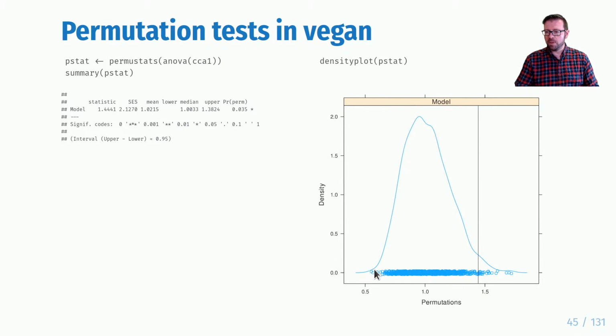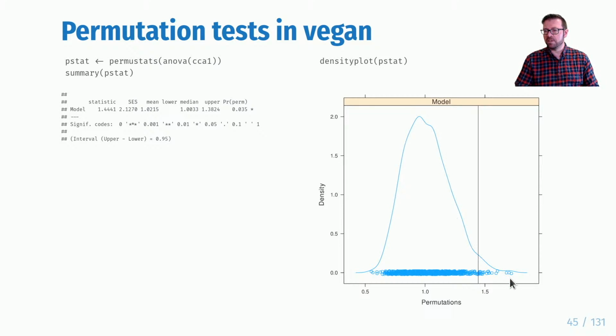We just permute the species data and refit the model, and we do this 999 times. What you get out of it is an F statistic, and these dots at the bottom show all of the F statistics that we got for those 999 models fitted to the permuted data. And this is a density curve that I'm showing over those sets.